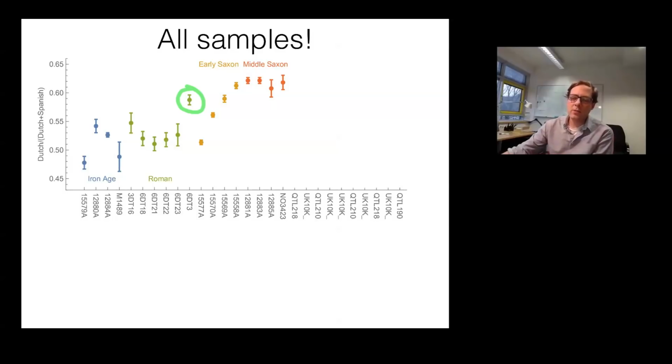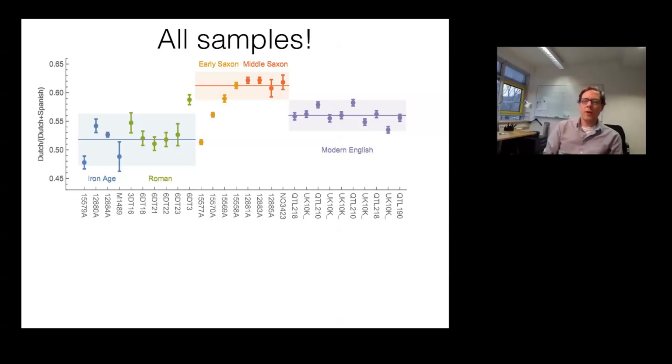And now we can ask, where does the modern British population fall? And they actually fall somewhere in between. You see, we now have a level around here and a level around here, and the modern British fall at a level around here. And you can, of course, do this more quantitatively as in the next plot, where we have these mean levels.